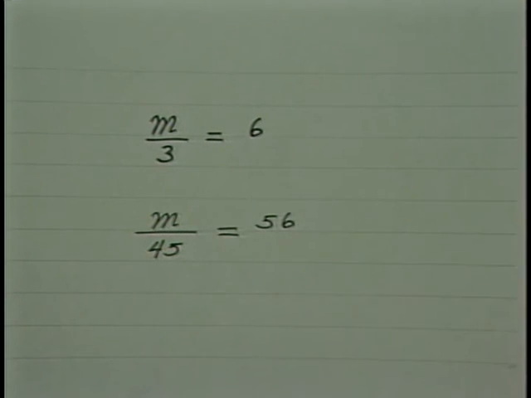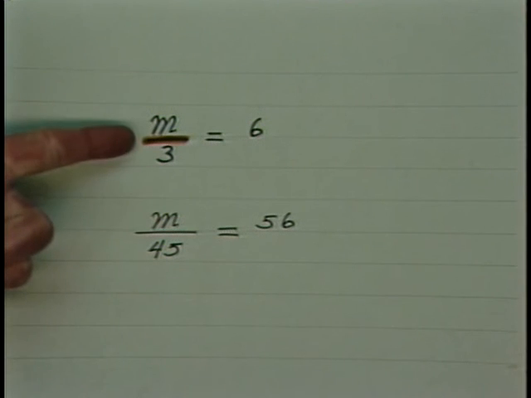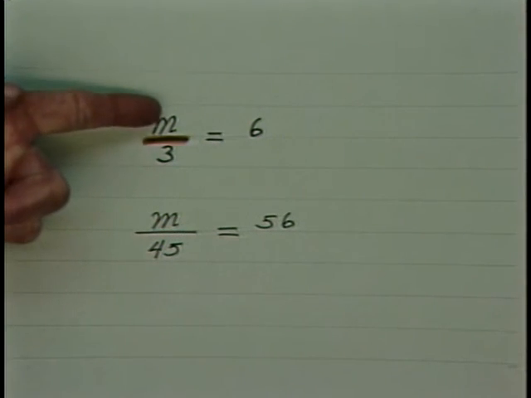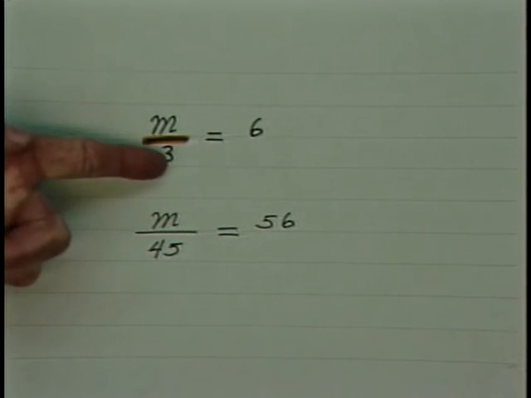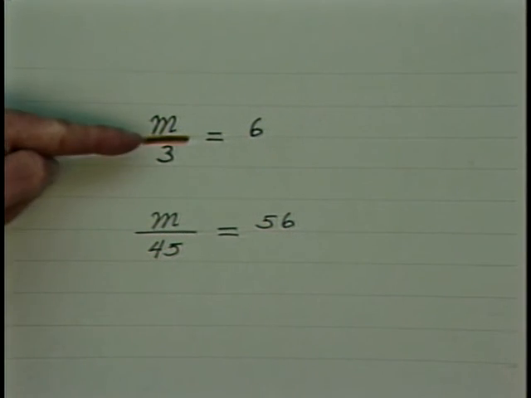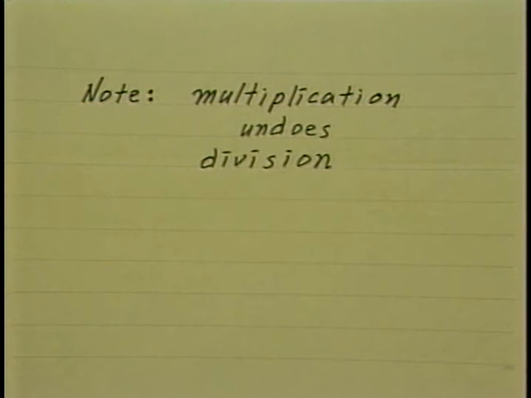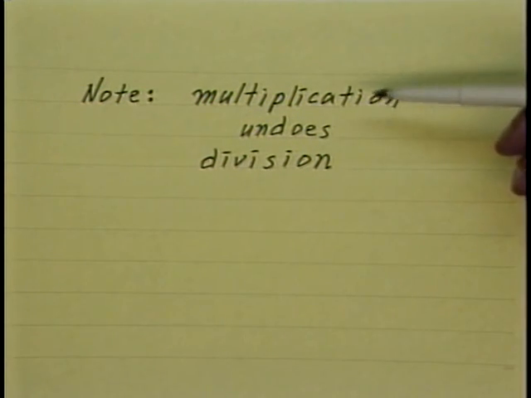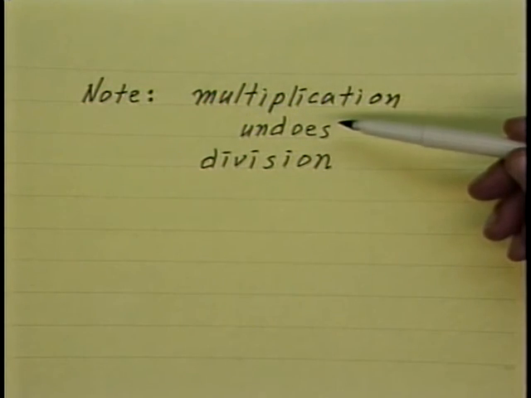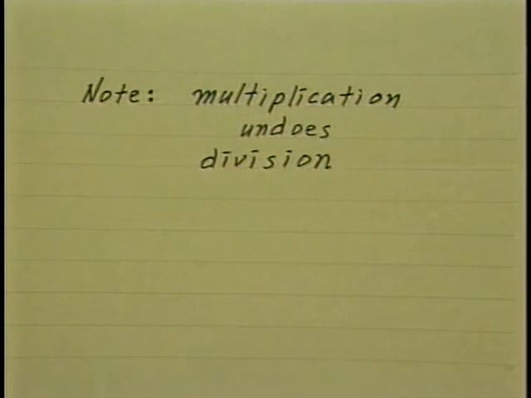So the fact we want to bear in mind from this lesson is this, that this mark is a division sign, some number divided by 3. So we ask ourselves, what process undoes dividing? So we note first that a multiplication always undoes division.